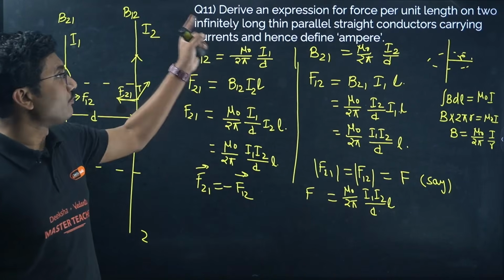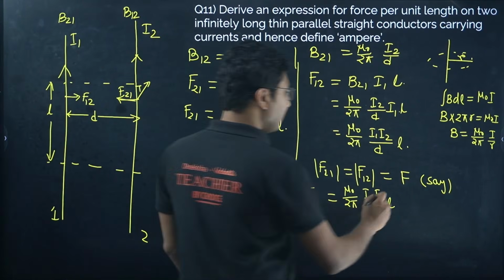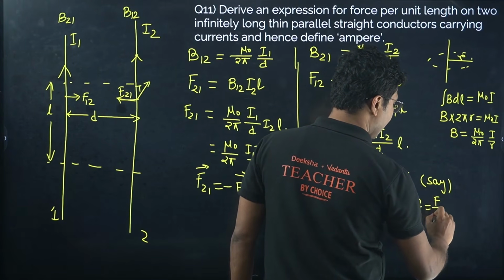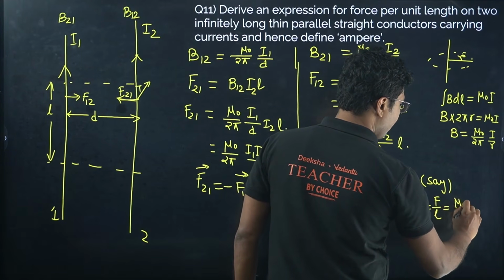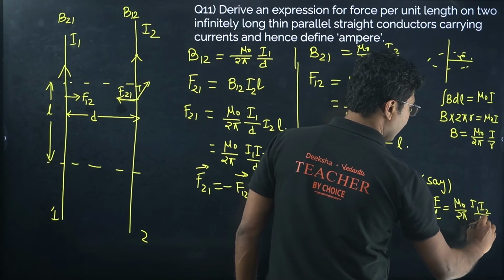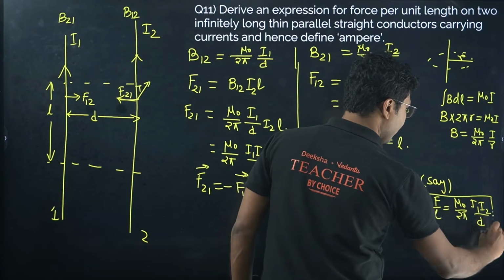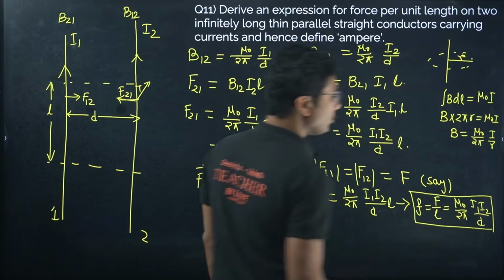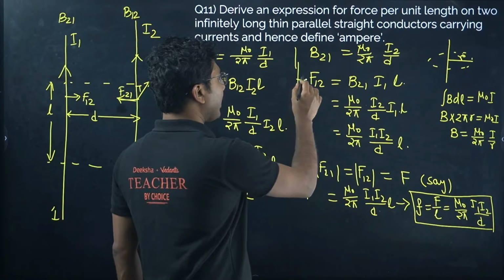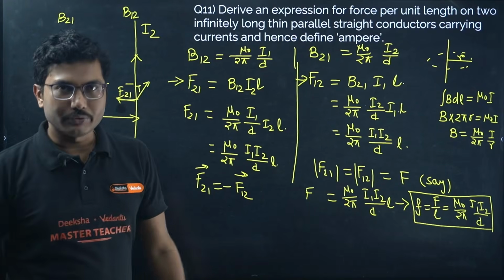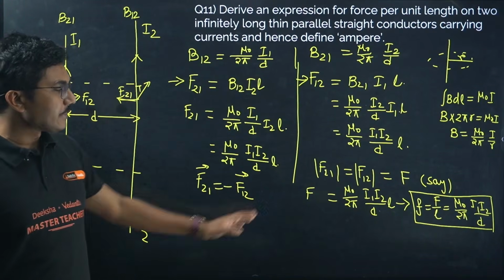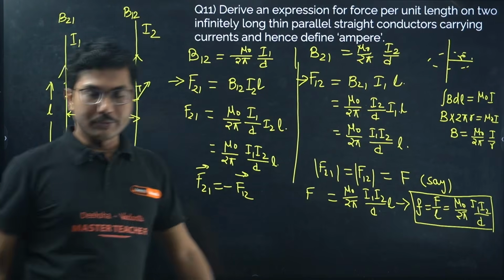You have to find the force per unit length, that is small f, equal to capital F by L, which is mu naught by 2 pi I1 I2 by D. This is independent of L, because we assumed L only so that we can apply the force formula, since the force formula requires a length. So this is the expression for force per unit length.